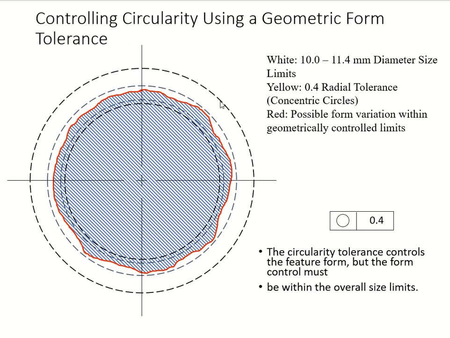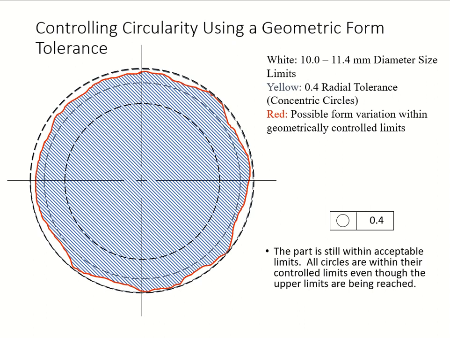You can see from here to here it's your 10 to 11.4 size limit. That little zone in between the size tolerance is your 0.4 radial tolerance, and this red one is your form variation, because you can see how the form goes for that circle within your geometrically controlled limits.